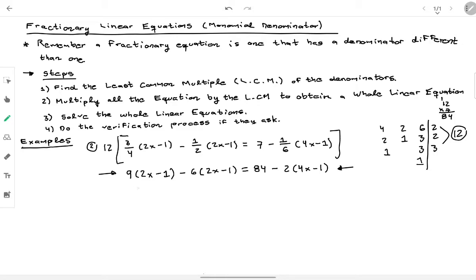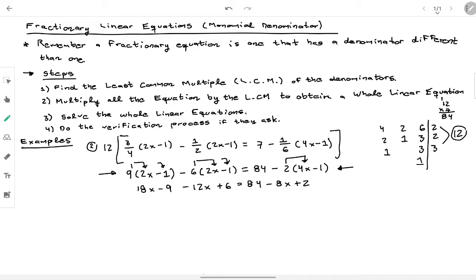So let's see. It's going to be 18x minus 9. Remember, this one multiplies the two terms. This one will multiply the two terms. So it's going to be minus 12x plus 6 equals 84 minus 8x plus 2.